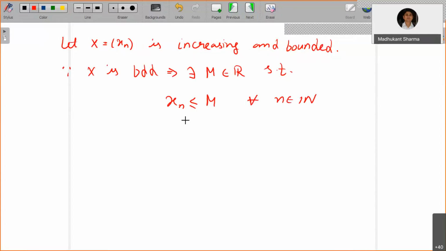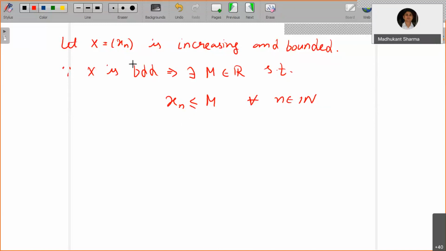I have not used mod xn, but this still remains true. Mod xn is less than or equal to M, so xn is less than or equal to M. This holds true for all n in the natural numbers.